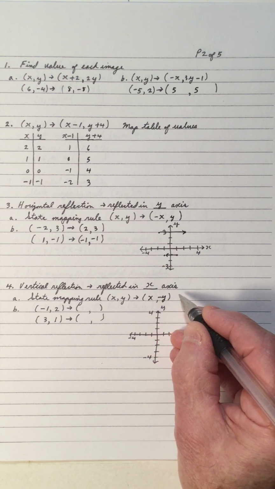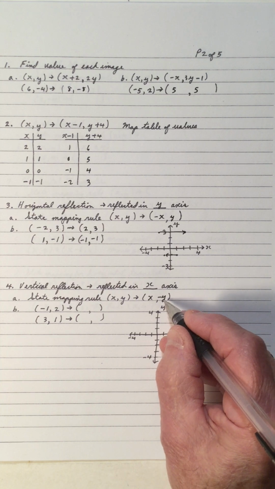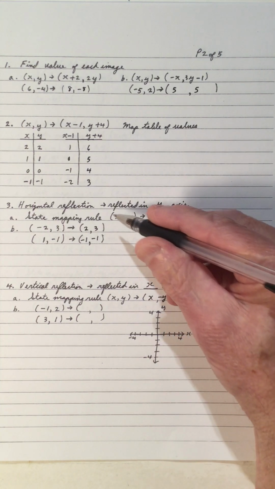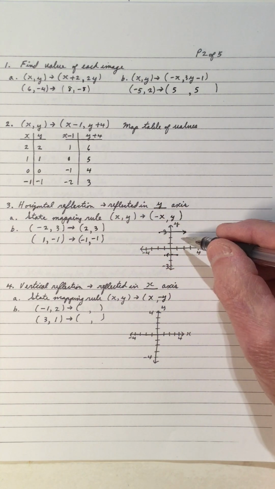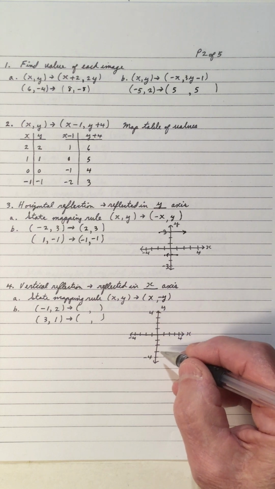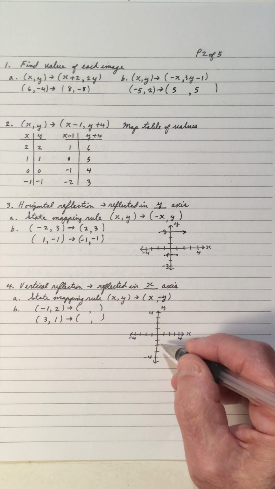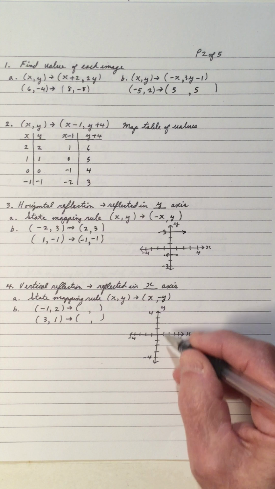So when you reflect vertically, you change the y. When you reflect horizontally, you change the x. Vertically, you go across the x-axis, so you change the y.